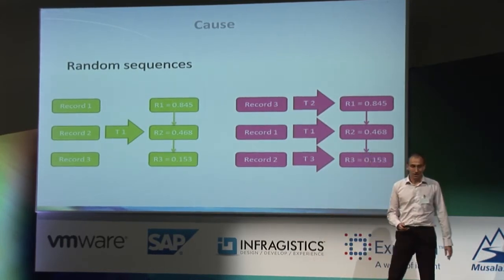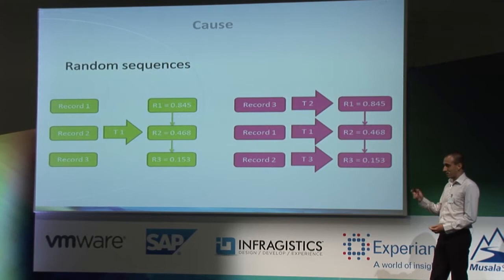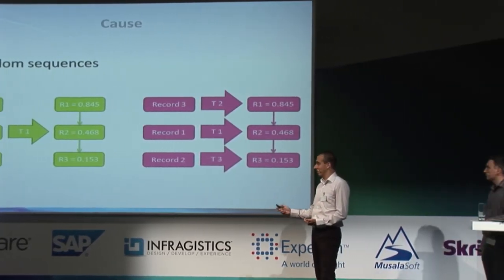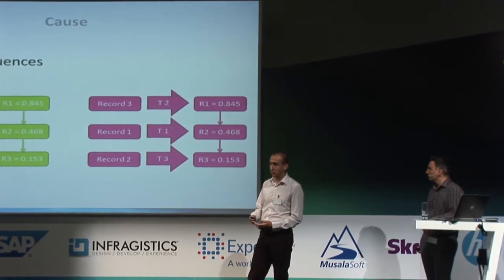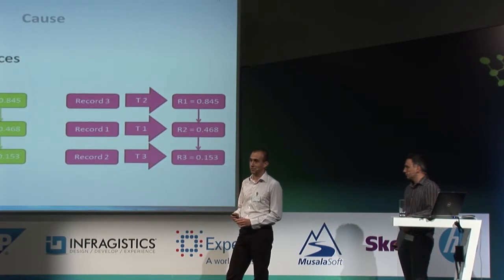Everything is random. So how can we solve that? Of course, we can assign some IDs that mark the position of the record in the sequence, and try to calculate directly the corresponding number from the random sequence.